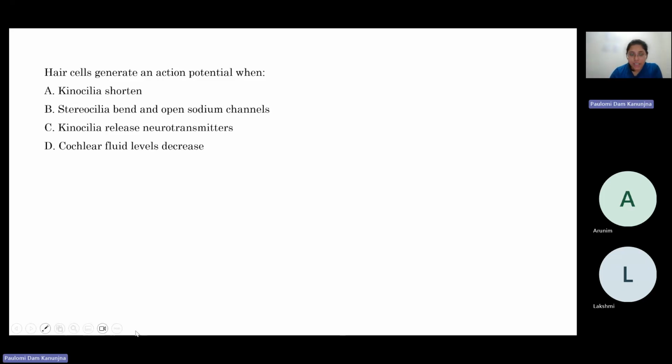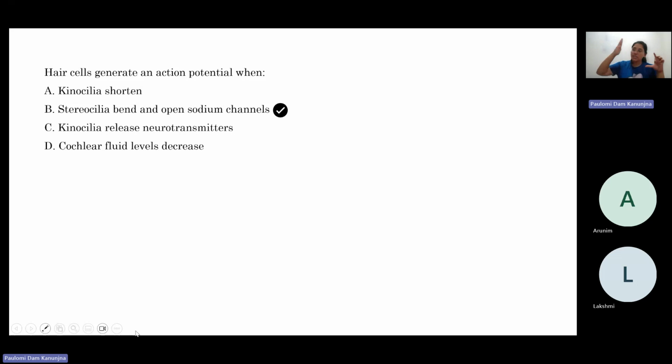All right, let me give you the answer. So like I said, these hair cells that we see, their main feature is to bend. Now, when these cells are bending onto the membrane, there are these sodium channels.